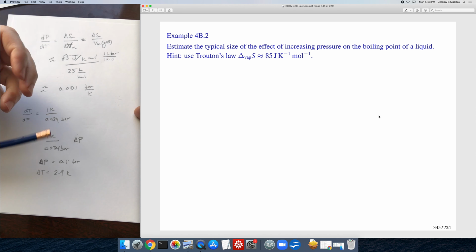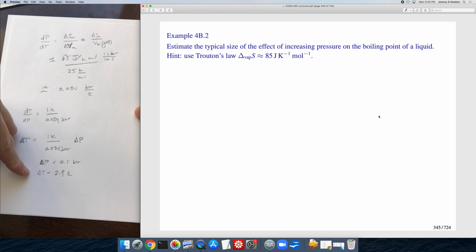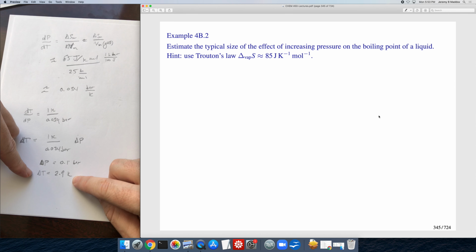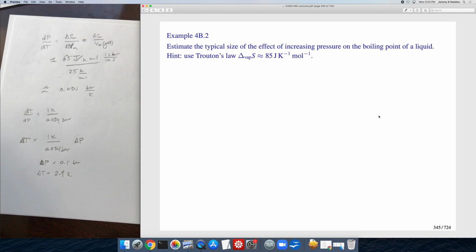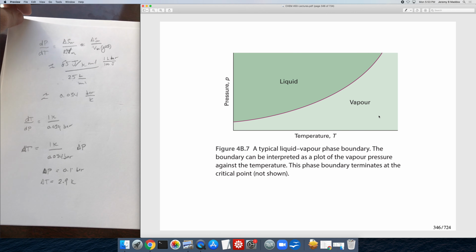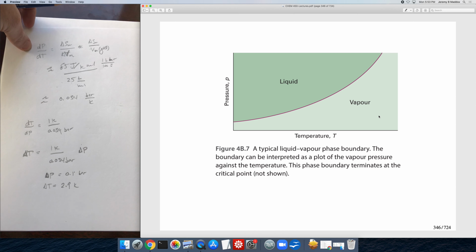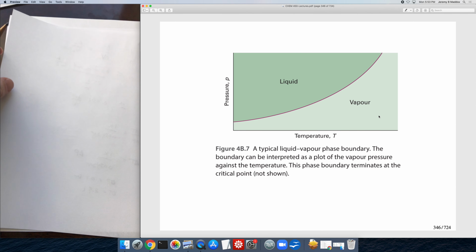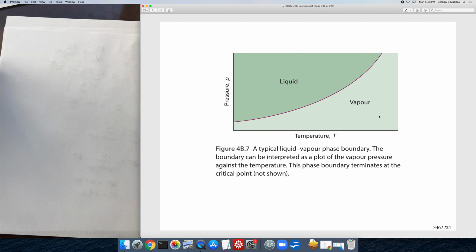However, the change in the boiling point of a liquid has a strong pressure dependence, right? We have a very small change in pressure, we get a very big change in the temperature. And that's generally true for all substances. And you can see it in the liquid vapor coexistence curve. There's a strong dependence upon pressure and temperature, or a strong correlation between pressure and temperature.